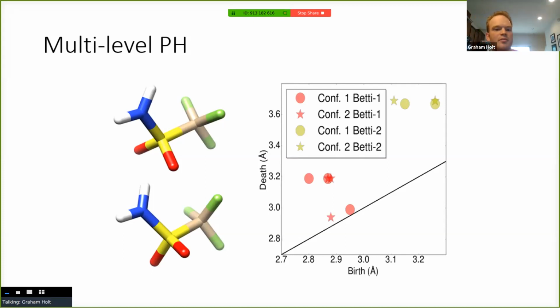So here, this is a figure from the paper. They're showing two slightly different conformations of, I believe that's an alanine, although I think they're coloring the hydrogens green. And what they're showing here is the circles represent the top conformation and the stars represent the bottom conformation. And they've computed these birth and death values based on their multi-level distance matrix, so setting the covalent interactions to be infinity.